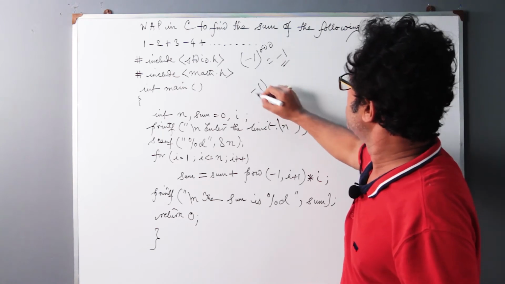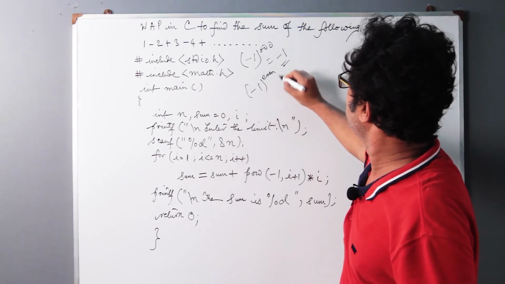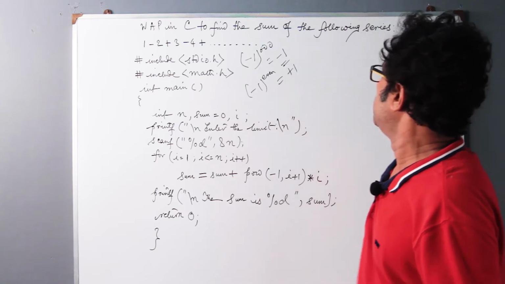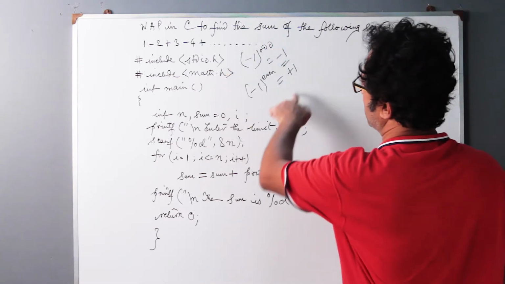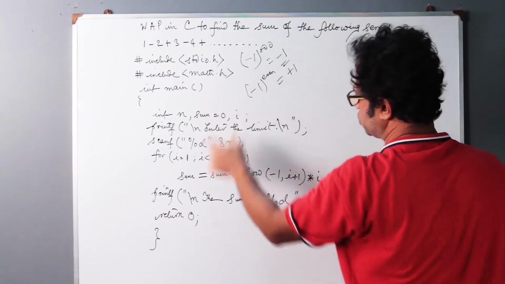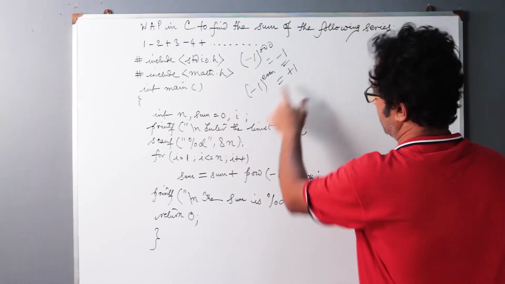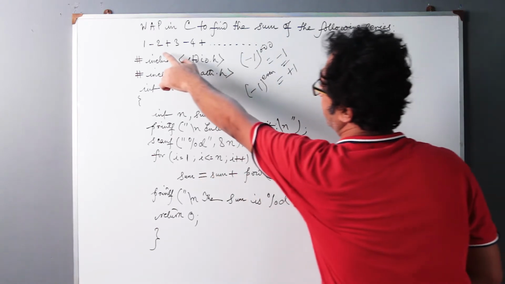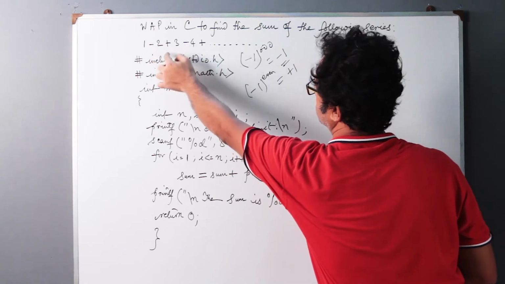When minus 1 is raised to the power of an even number, it gives a positive 1. This is the underlying concept which I have used in this program to cater for these minus symbols in between.